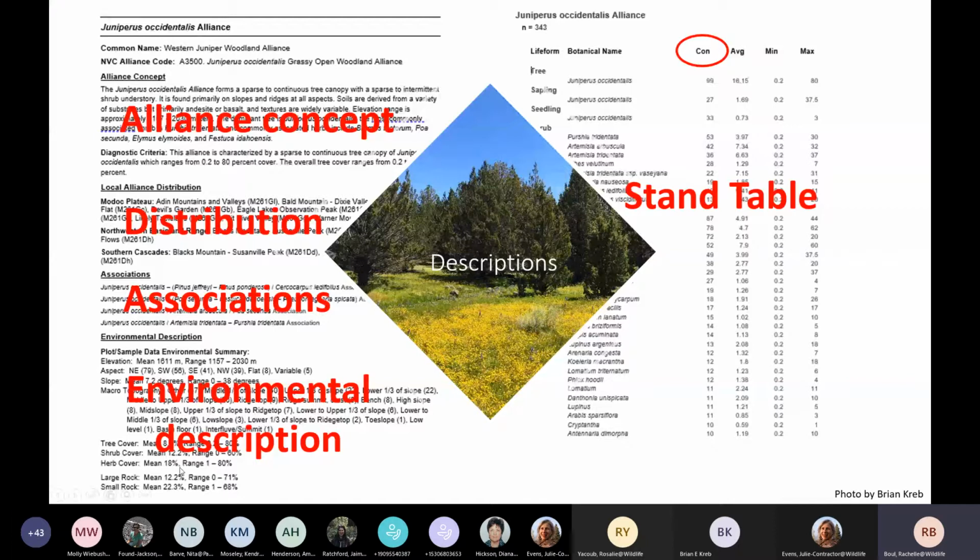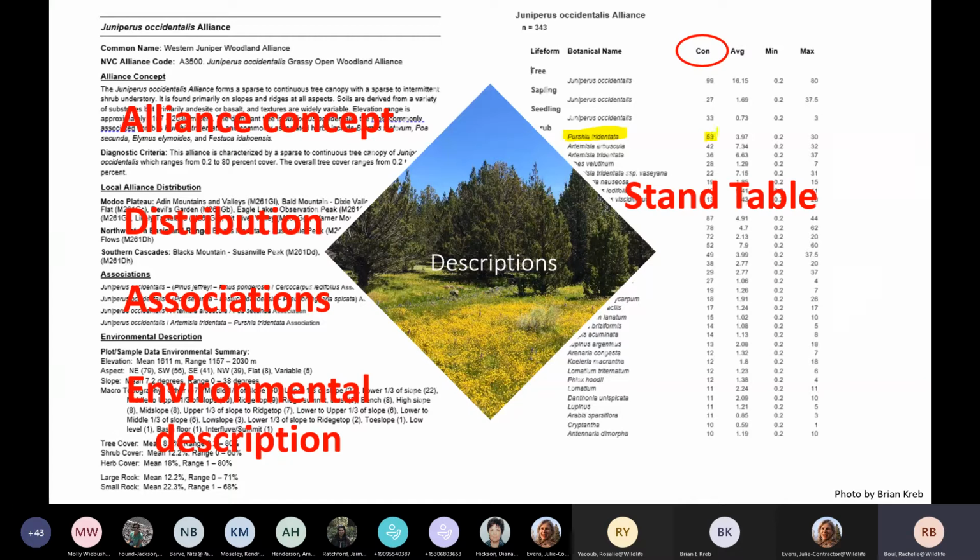So, for example, I'm going to actually use this highlighter. Okay, you can see here that Artemisia tridentata, or hopefully you can see, is right there. It's in 53% of these stands.